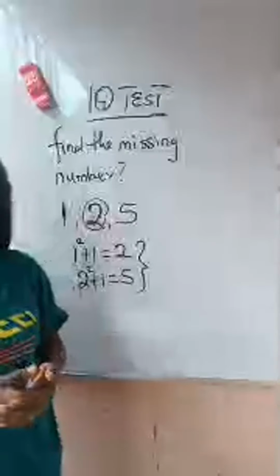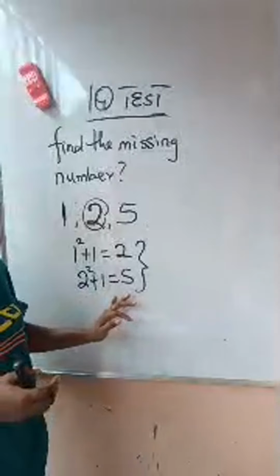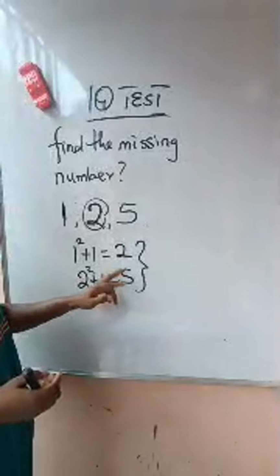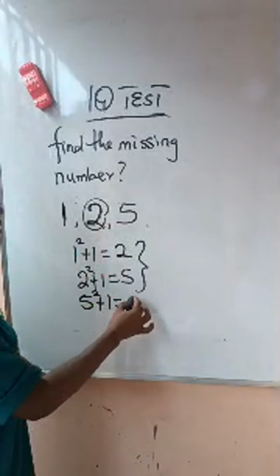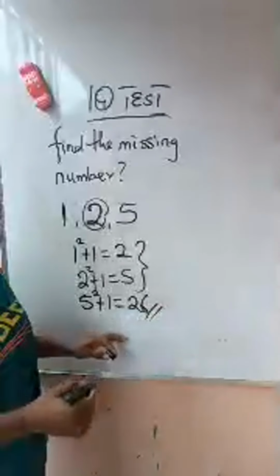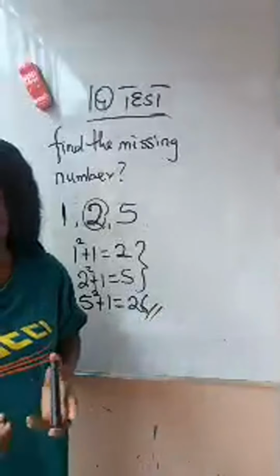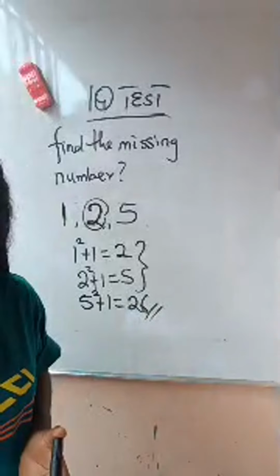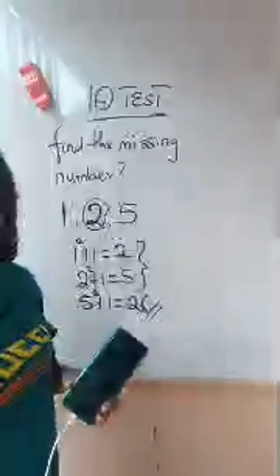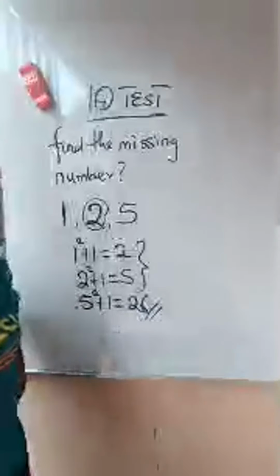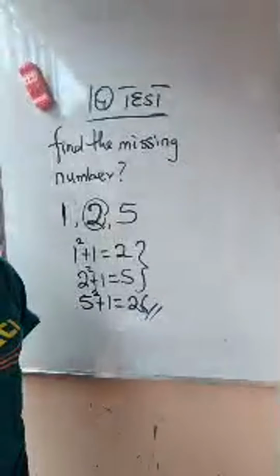If your answer is 10, then this is not the answer. When you use this, it will now be 5 squared plus 1, which will give you 26. So if you use this pattern, Banks, then your answer is supposed to be 26 and not 10. That's the truth. Let's be honest here. If this is the pattern you used, your answer is not supposed to be 10. It is supposed to be 26.